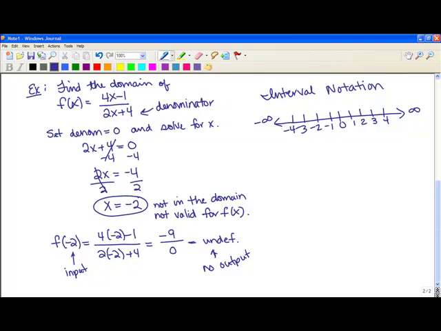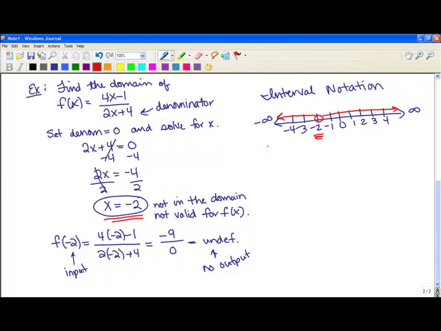And infinity is used quite a bit, so I always put the infinities on my number line. Now, the number that we found that was invalid was negative 2. So at negative 2, I'm going to put an open dot on the number line since it's not valid. However, every other number works, so in order to illustrate that, I'm going to draw an arrow to the left showing that all these numbers are valid, and an arrow to the right showing that all these other numbers are valid. The only number that doesn't work, like we said, is this negative 2, and that's why we have an open dot there.